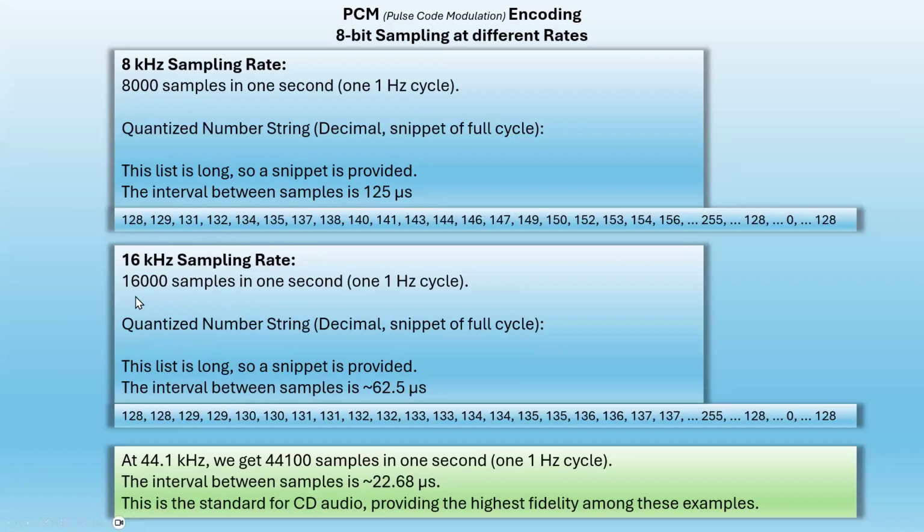And of course, when it comes to a 16 kilohertz sampling rate, the interval between the samples, time-wise, is going to be 62.5 microseconds. And let's see 44.1 kilohertz, which is the CD quality sound.